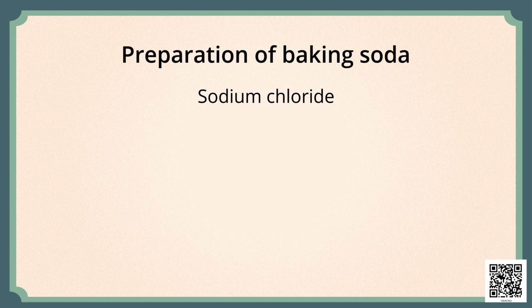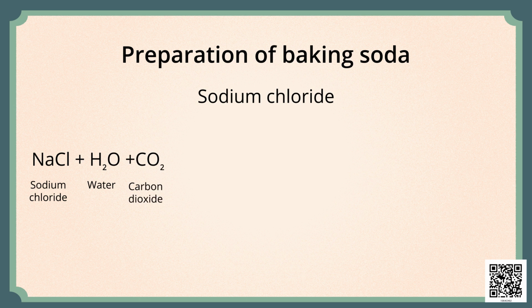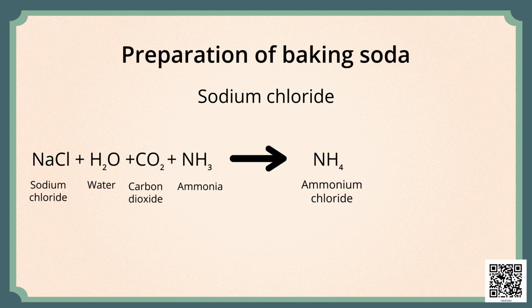Preparation of baking soda can be represented in the form of chemical equation as NaCl plus H2O plus CO2 plus NH3, which is also called ammonia, gives us NH4Cl, that is ammonium chloride, plus NaHCO3, that is sodium hydrogen carbonate.